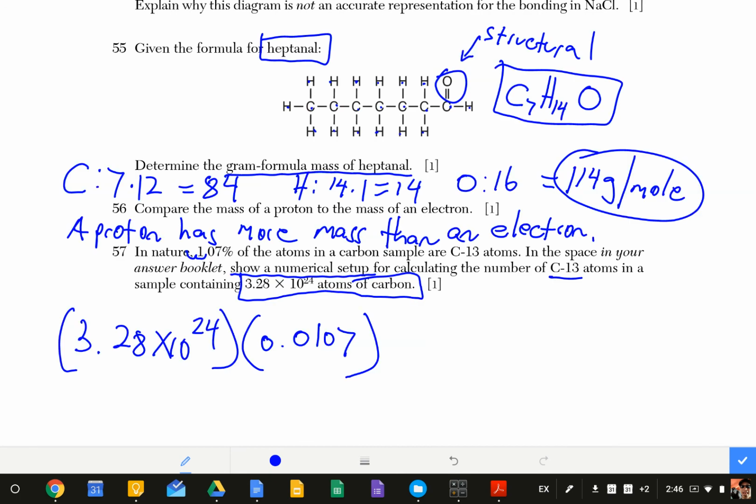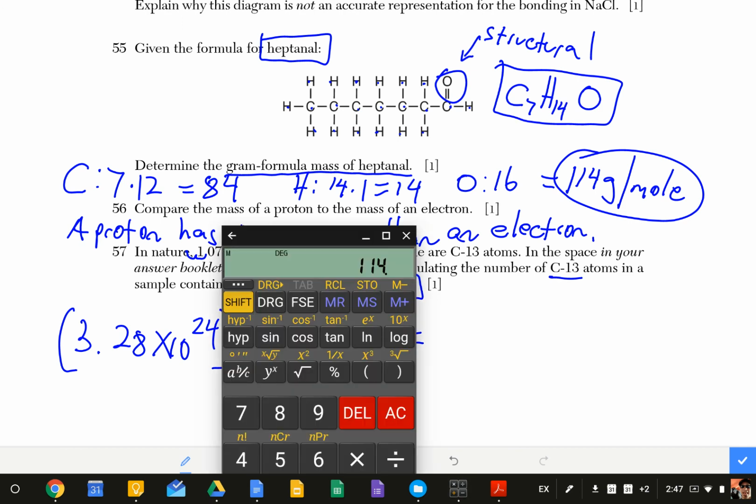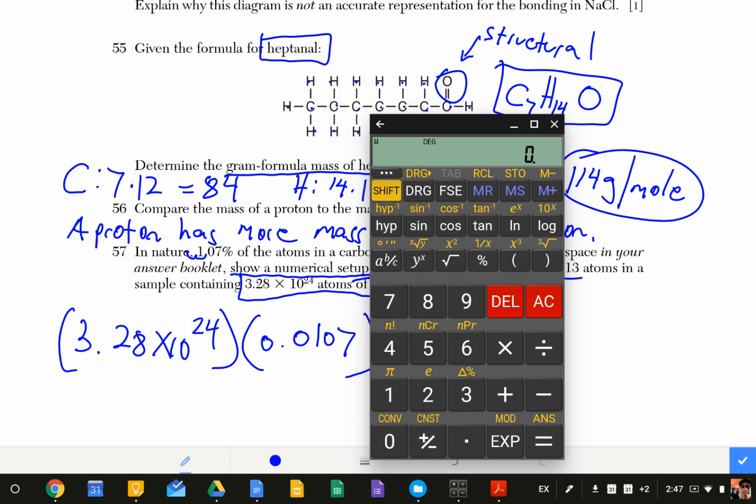There we go. That's it. So, I mean, they said just to show a numerical setup, but that's a little silly. Let's actually find out how many atoms of this carbon sample are carbon-13 atoms. Let's see. 3.28. I'll do it here instead. 3.28 times 10 to the 24th power times 1.07%.